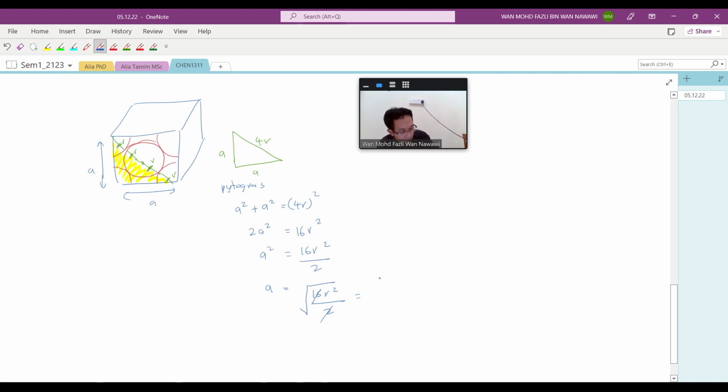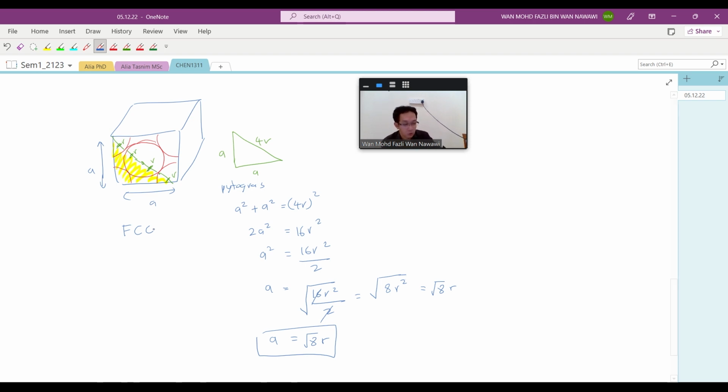So you get A squared equals 8R squared, and because this R squared is under the square root, you get the square root of 8 times R. So you get the correlation A equals the square root of 8 times R. This is the correlation for the FCC, face centered cubic.